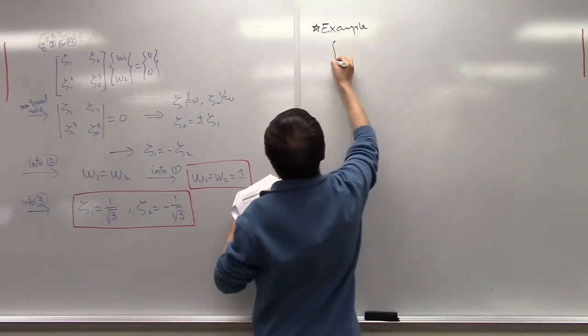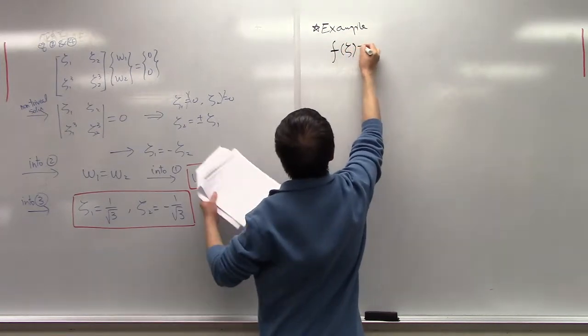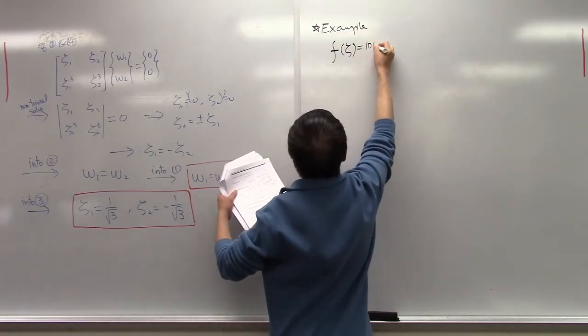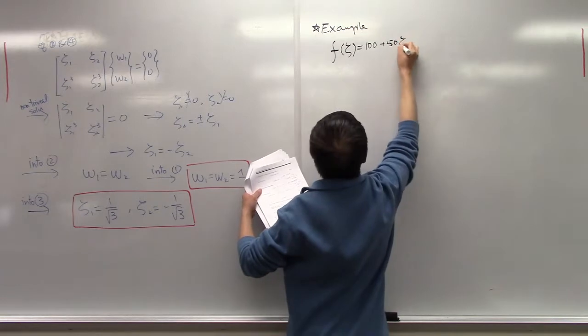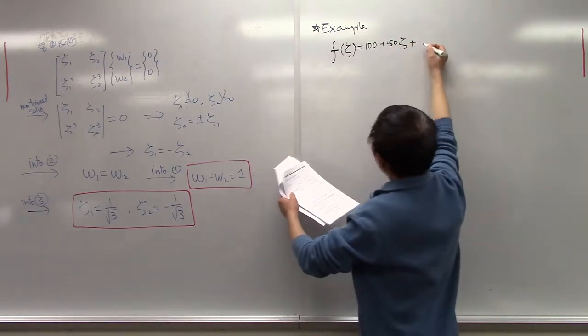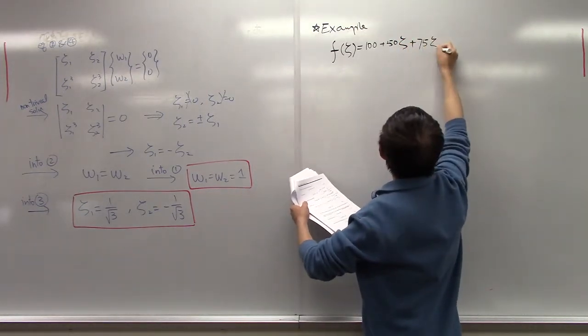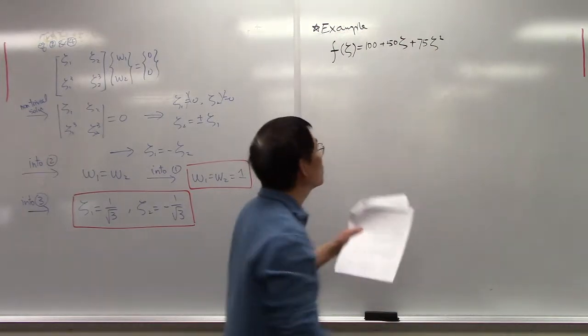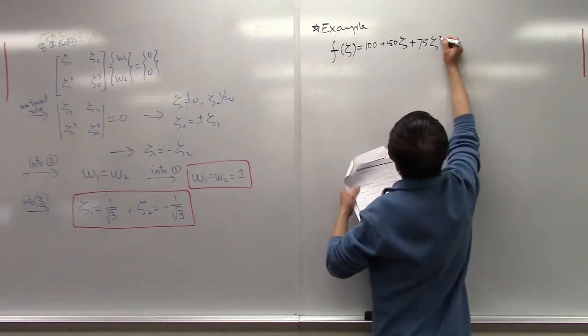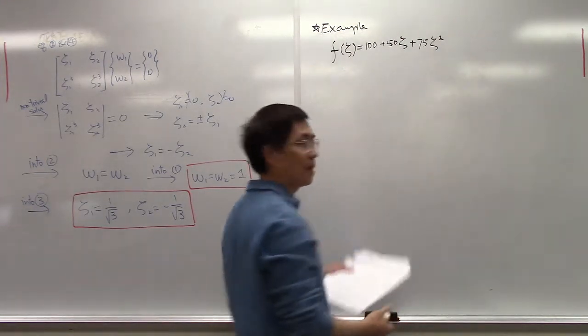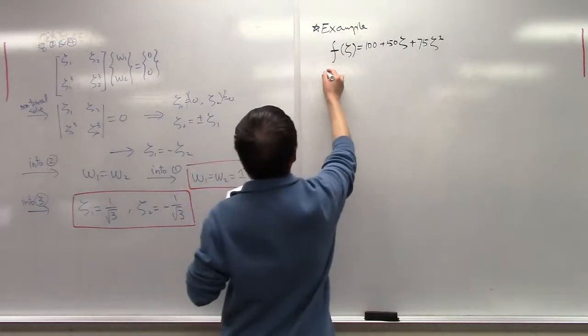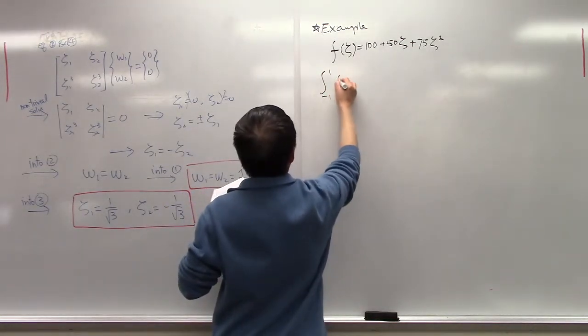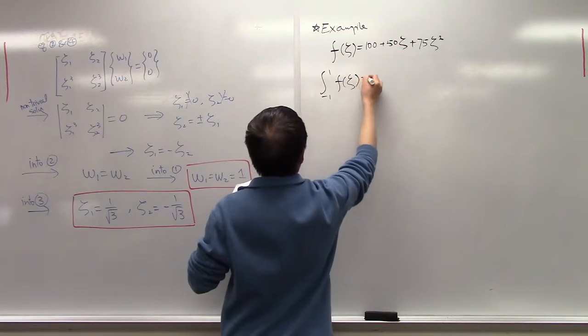Let's say we have a function f of theta equal to 100 plus 50 theta, linear, and then 75 theta squared. So this is a quadratic function. Then we want to integrate f of theta from negative 1 to 1.